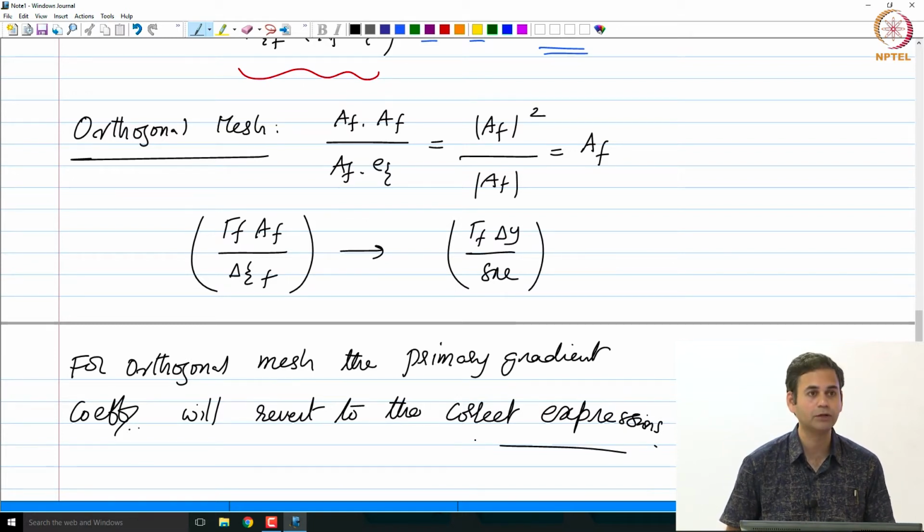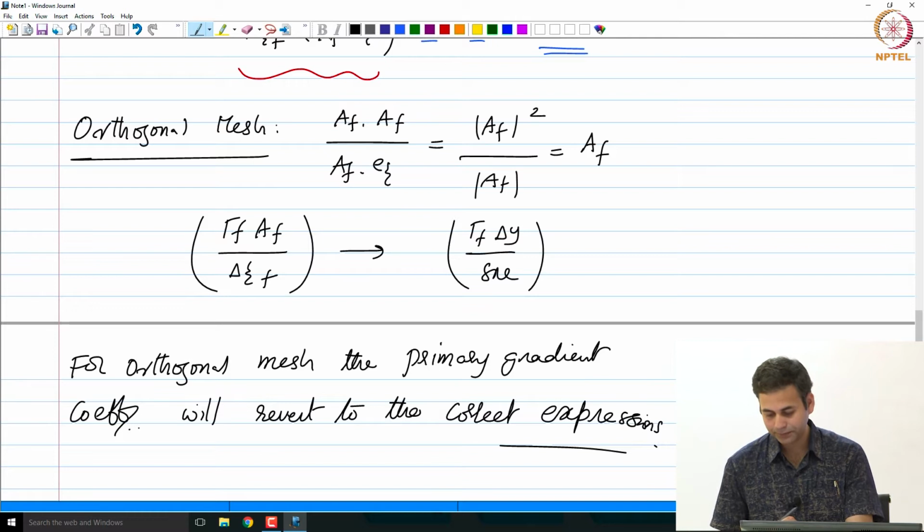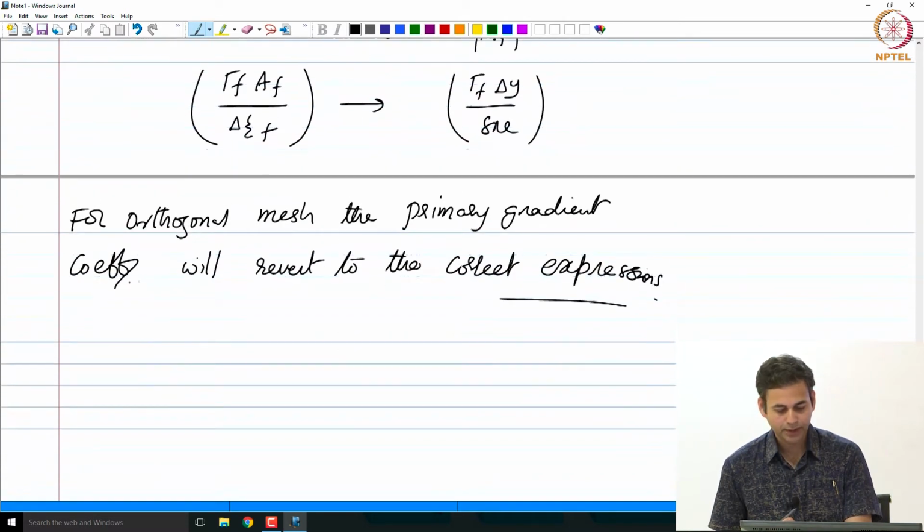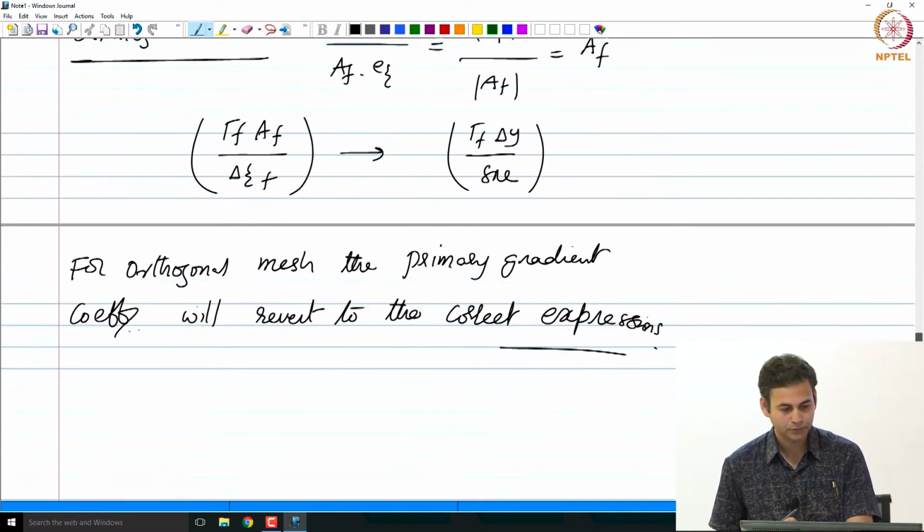Thereby the formulation will be the one which is for an orthogonal mesh. Okay, what about the secondary gradient? The secondary gradient term would go to 0.